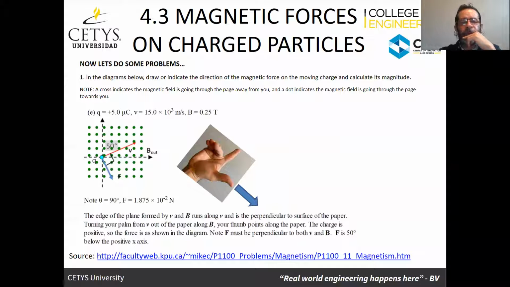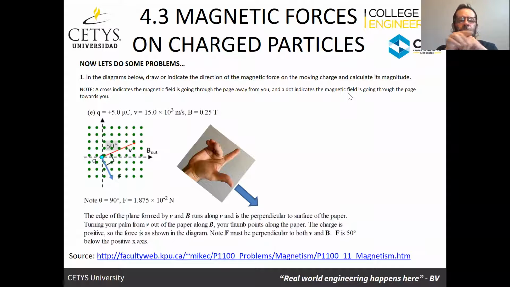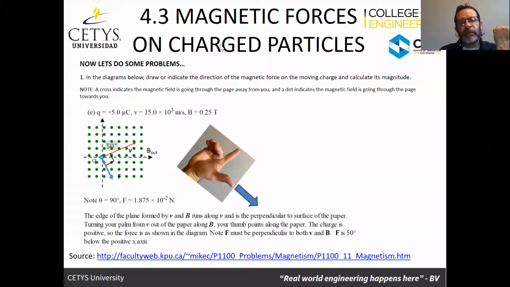Now, for this one, the dots indicate that the magnetic field is going out of the page. Okay, the magnetic field is going out of the page. The velocity vector is going to be the index finger. It's the red arrow. And so the thumb is going to be pointing downwards. That's the blue arrow.